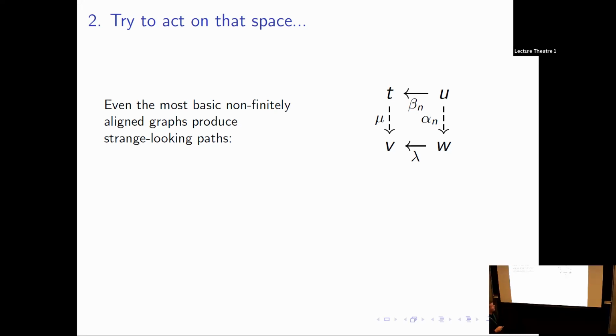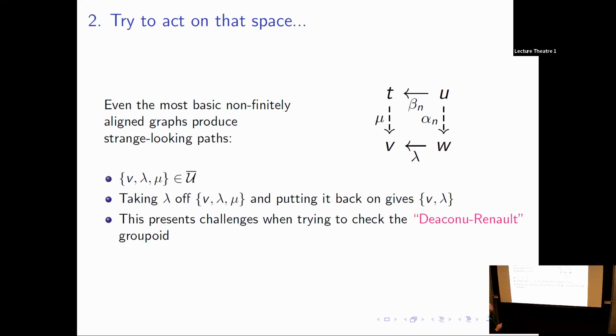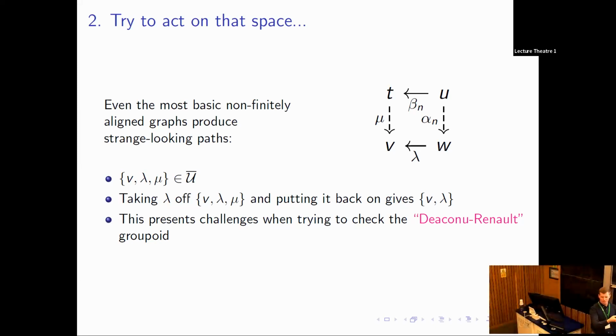We've got another non-finitely aligned graph, but it produces some pretty strange looking paths in our new path space, because each beta n mu is going to generate an ultrafilter. And now I've got a sequence of ultrafilters, and because of the topology we inherit from the product topology on {0,1}^Λ, if I take the sequence of ultrafilters beta n mu, it's just going to converge to mu.